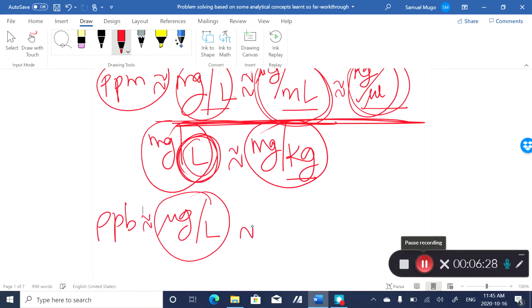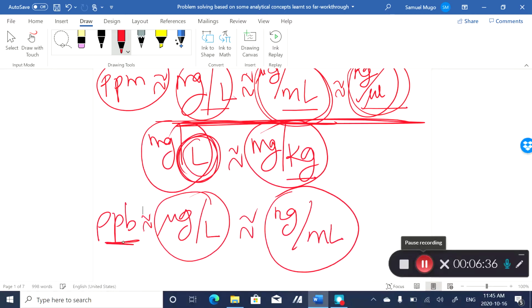Which again can be equivalent to nanogram per mL. That's again talking about parts per billion. And of course you can keep going on and on: picogram per microliter is talking about parts per billion as well. And you can see all I'm doing is multiplying the top by 1,000 and the bottom by 1,000.